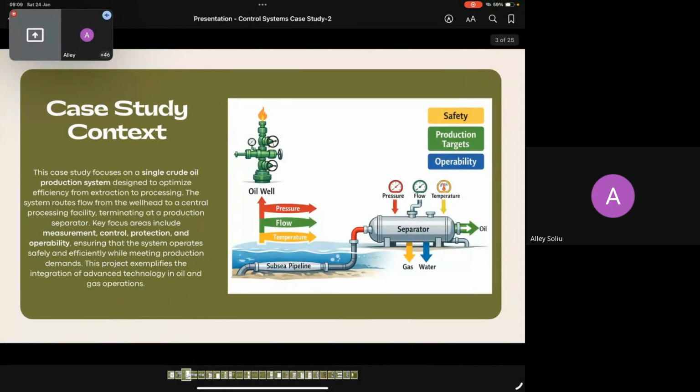I would definitely love to go back to the industry. The major industry experience I have is in the software aspect, as a software engineer. But I would definitely, after my postgraduate studies, love to go to the oil and gas sector as a control and systems engineer.